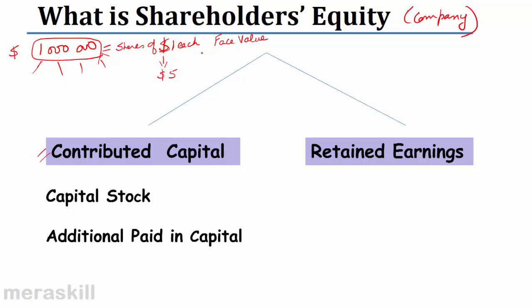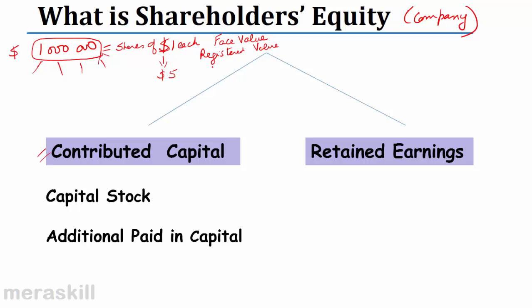It may be called the registered value. So mostly shares have a face value. It may be $1, it may be $2, it may be $5, it may be $10. That is the face value of a share, and the capital stock is recorded at this face value.